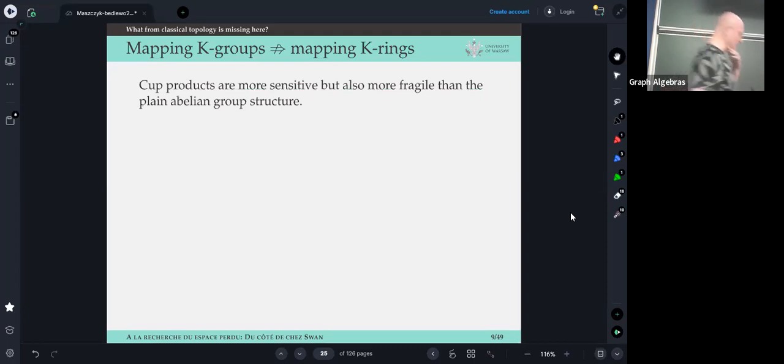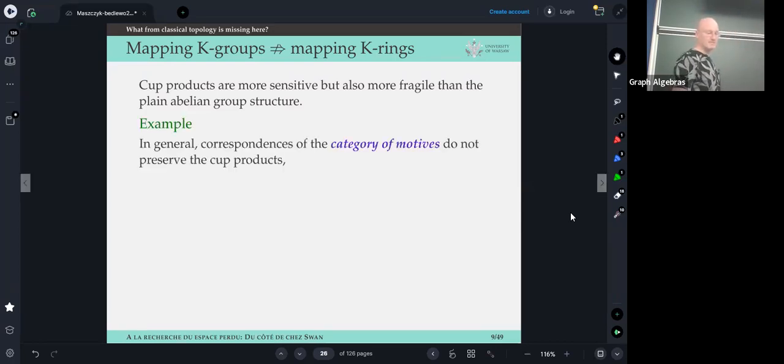What is peculiar about this product? On the level of K theory, people love this construction because it's very robust in many respects. However, K products, although they are more sensitive and distinguish more things, and can be used to do things which are impossible on the level of K theory, are also more fragile than the plain abelian group structure.